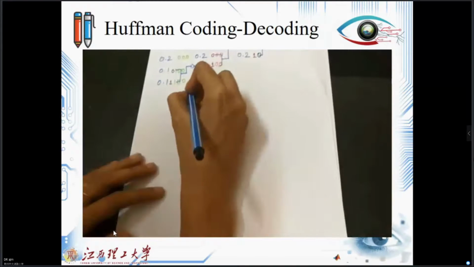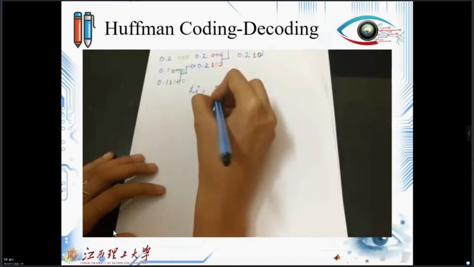Now the step that we should follow is to calculate the length.